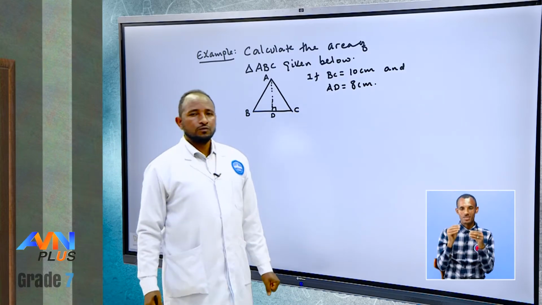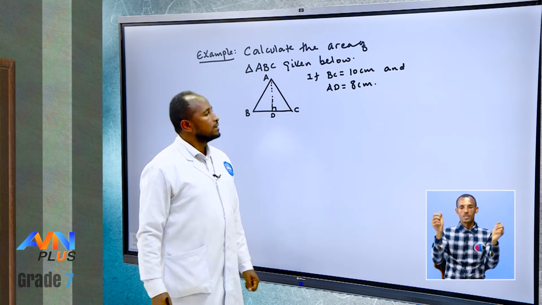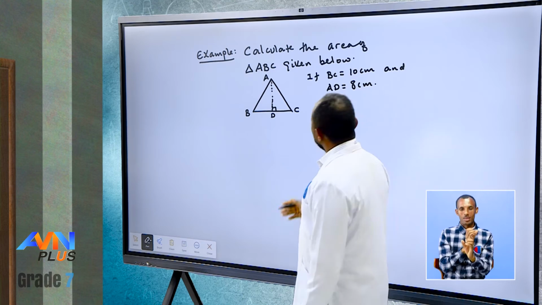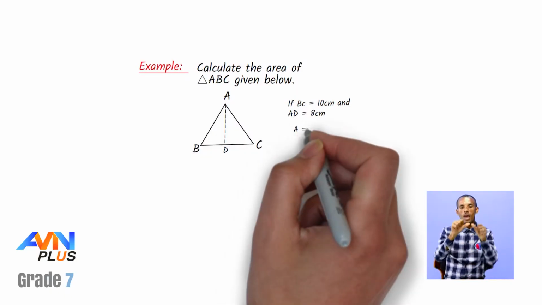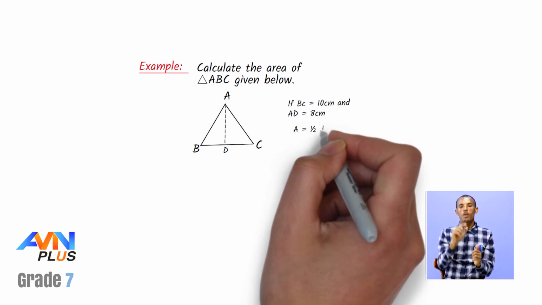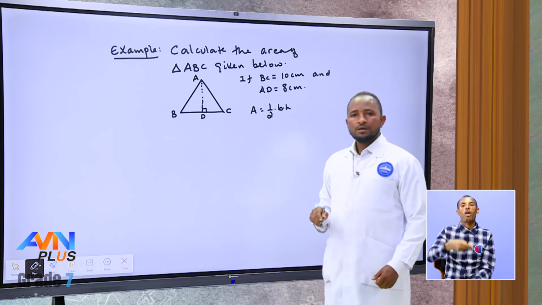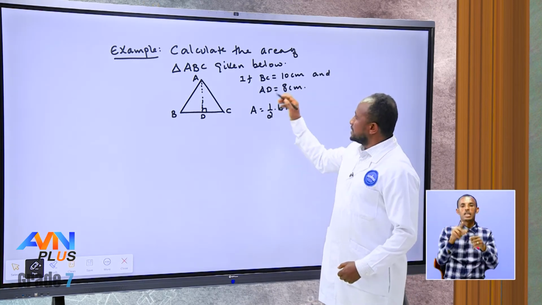Students, have you tried the question? Good. Now let's see the answer. Okay, here to calculate the area of this triangle, area is equal to half times base times height. So in this case, the length BC is given.